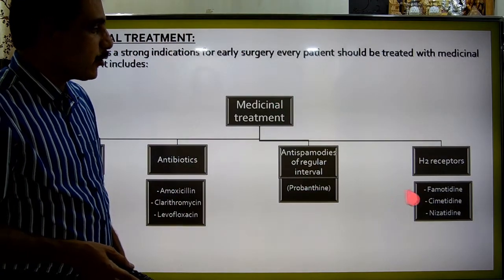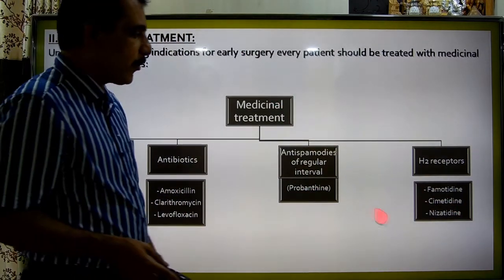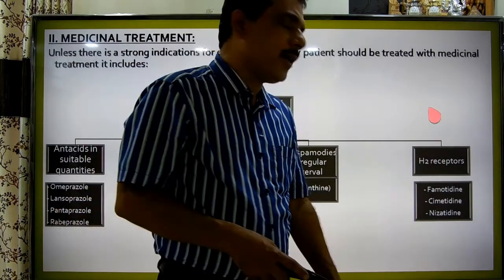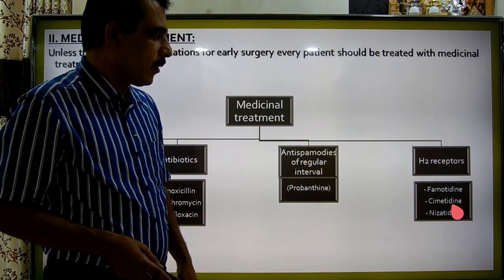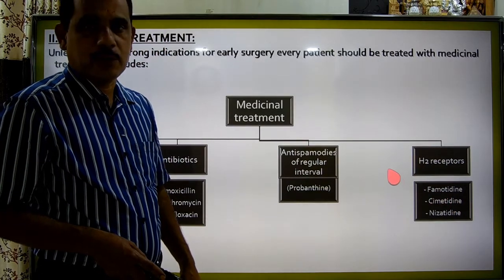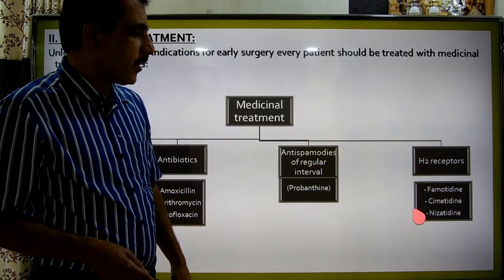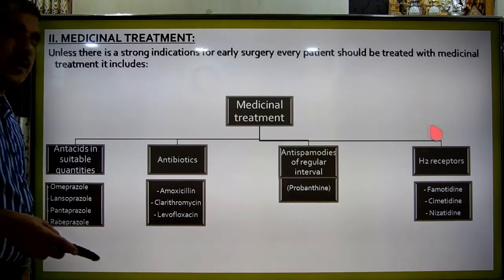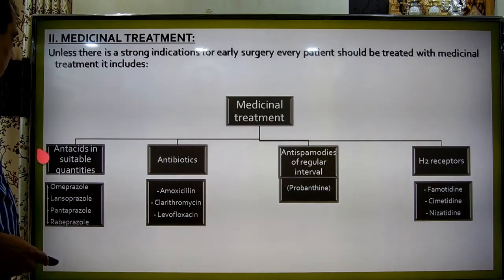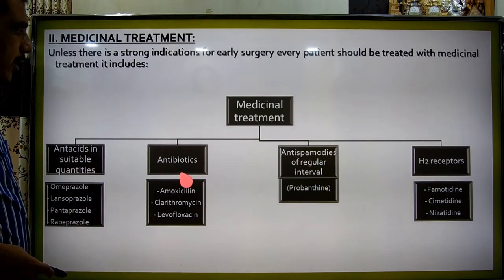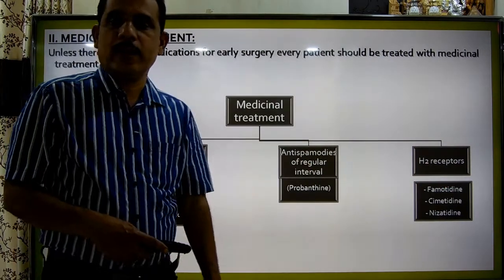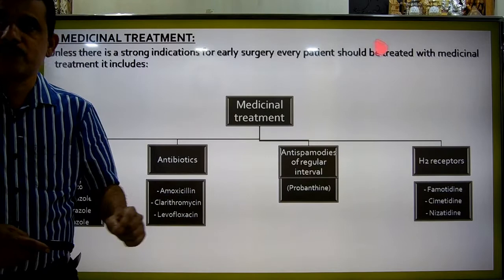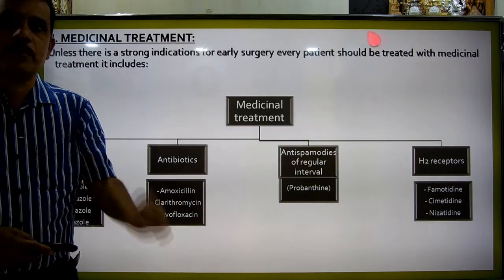The H2 receptor blockers most commonly used are famotidine, cimetidine, and nizatidine. Cimetidine is the most commonly used, but nowadays many also use famotidine and nizatidine. So this is the medicinal treatment, which includes antacids, antibiotics, antispasmodics, and H2 receptor blockers. This is the medicinal treatment of peptic ulcer.